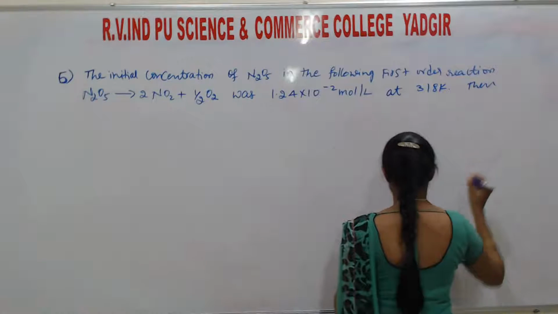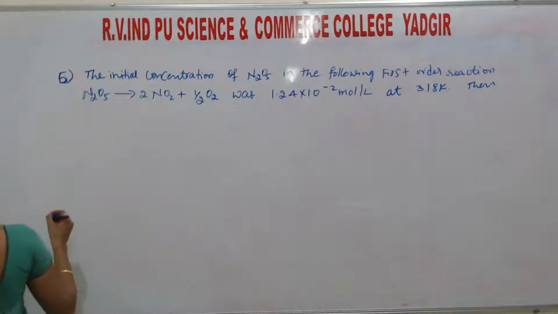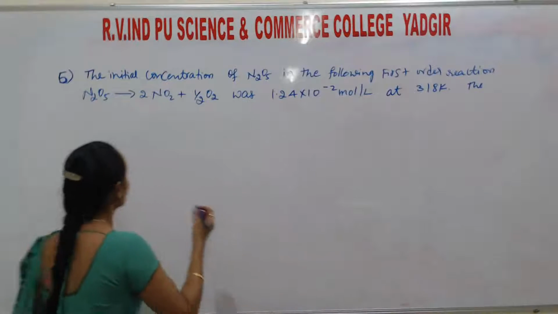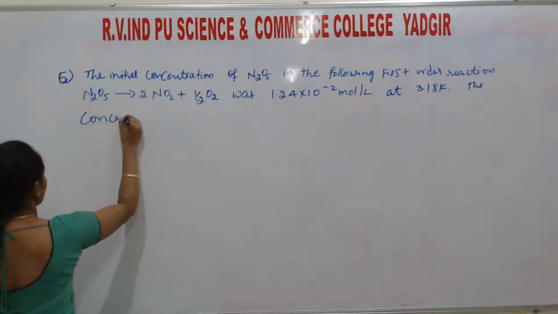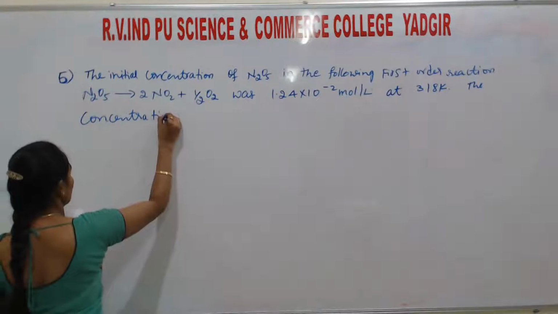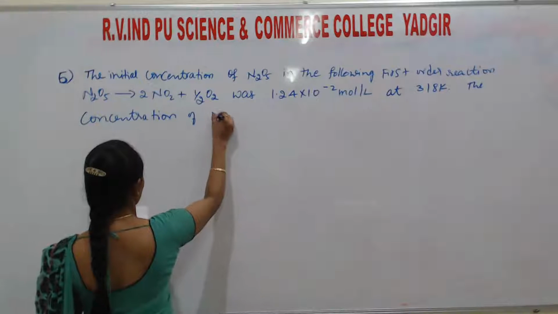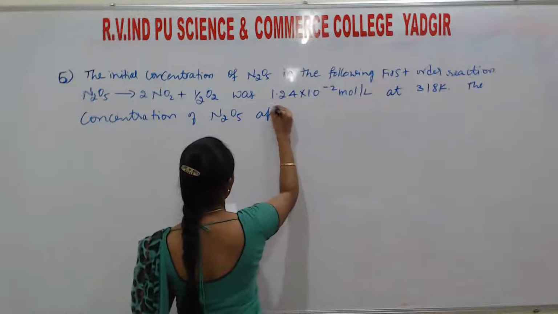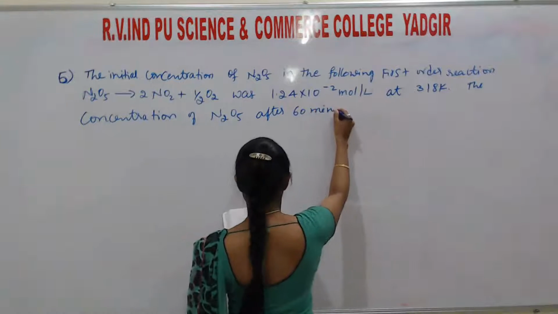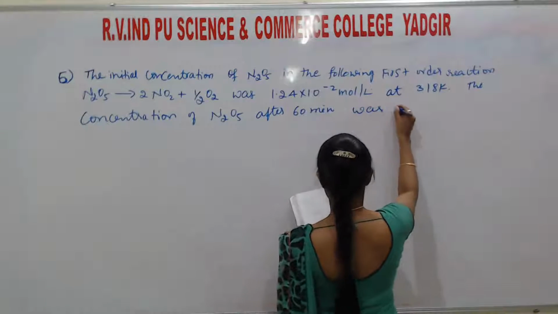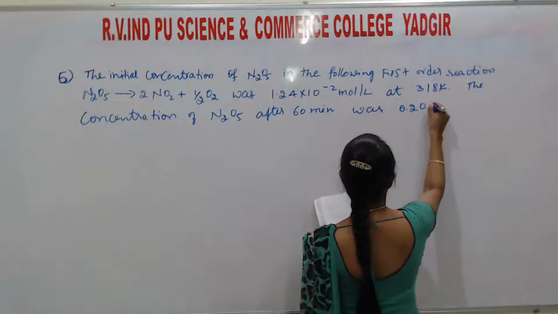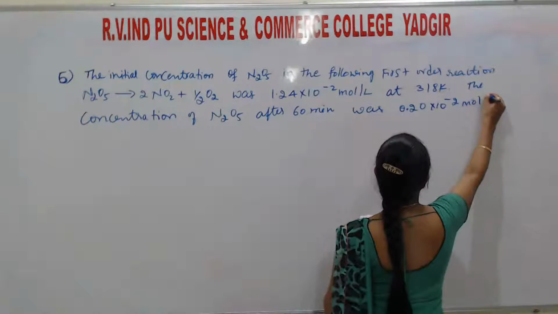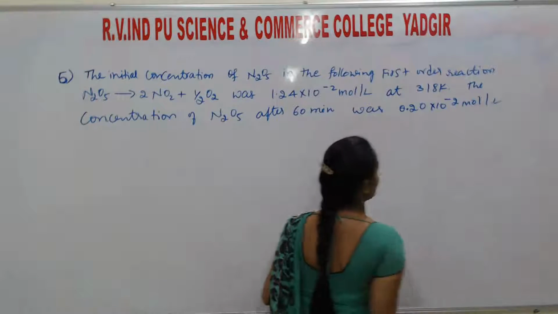Then the concentration of N2O5 after 16 minutes was 0.20 into 10 power minus 2 mole per meter.